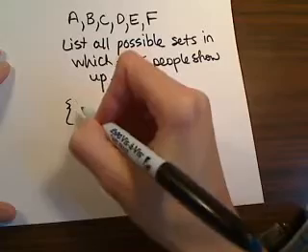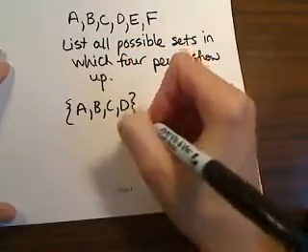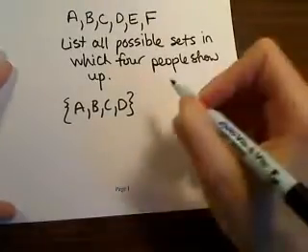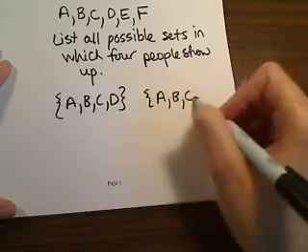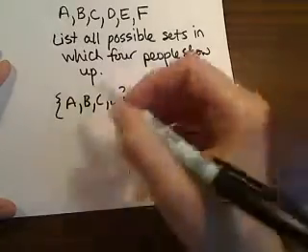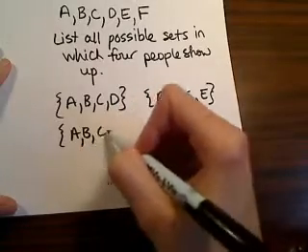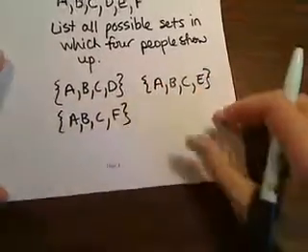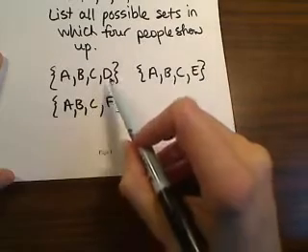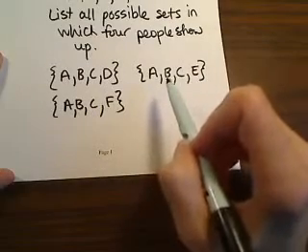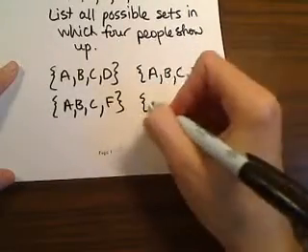Okay, so if you're just listing, first of all, you could have A, B, C, and D together. And then you could combine A, B, C, and E together. And then you could combine A, B, C, and F. Okay, so those 3 take into account A, B, and C in combinations with everything else. Okay, so then what we need to do is think about A and B in combination.